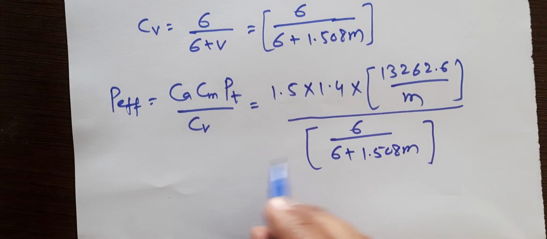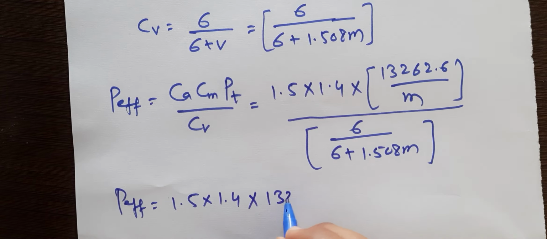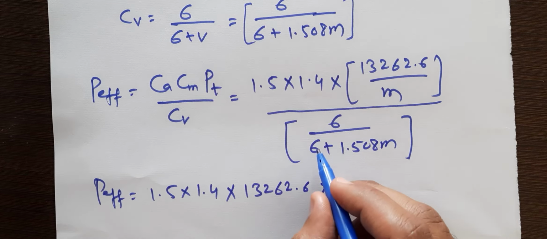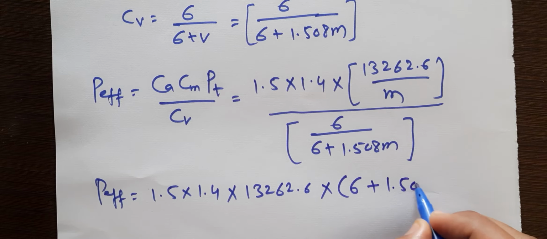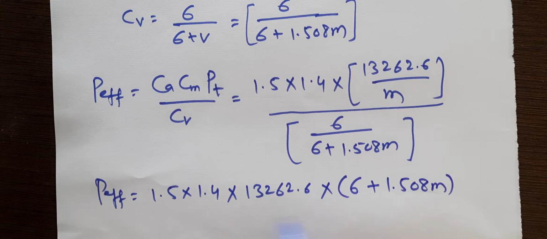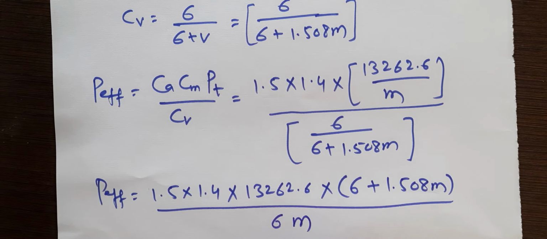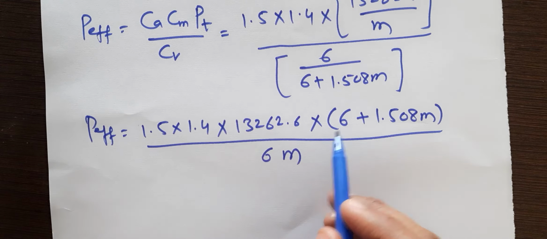Now if you simplify it, you can write this P effective like this: 1.5 into 1.4 into 13262.6 into, now this denominator will come in numerator, 6 plus 1.508 module, divided by this denominator and this denominator, 6 m. Now you can solve 1.5 into 1.4 into this, divided by 6.